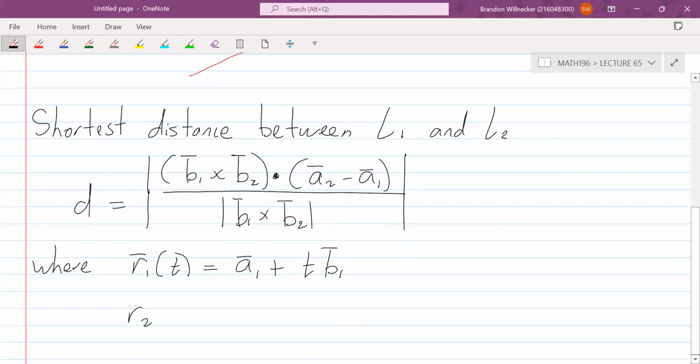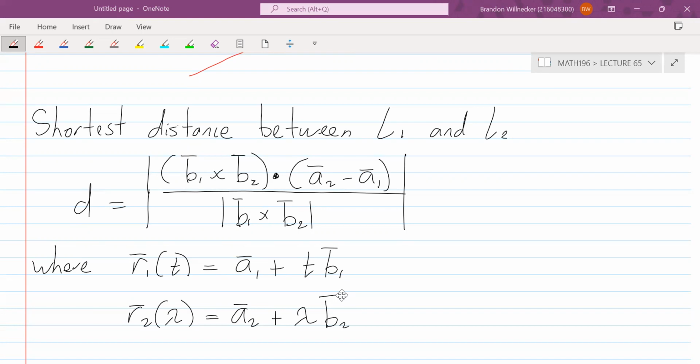And for the other line, R2, let's say that's lambda, so we don't mix up the two parameters. That's going to be A2 plus lambda times B2. So they're the same as your R0 and your V from before, but now just written in terms of A and B so we can separate them.